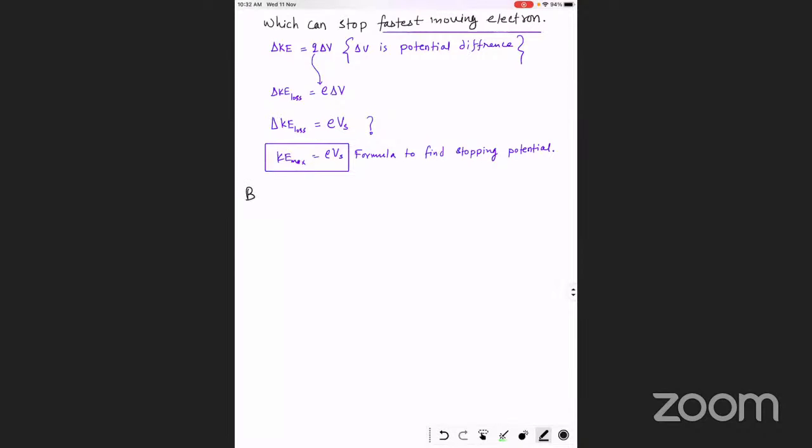Basics required to learn photoelectric effect.